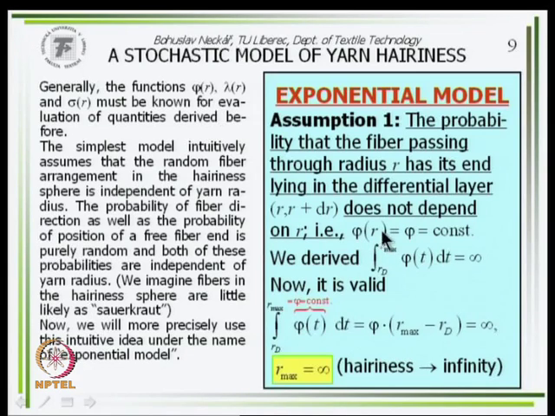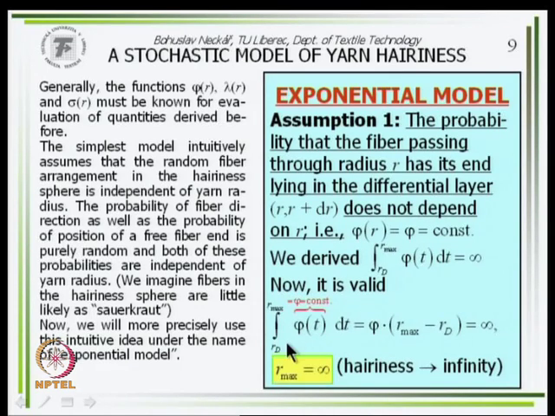The function phi r is a constant phi, a common constant for each radius. We derived that the integral from rd to r max of phi t dt must be equal to infinity, or must limit to infinity. Be more precise in formulation.